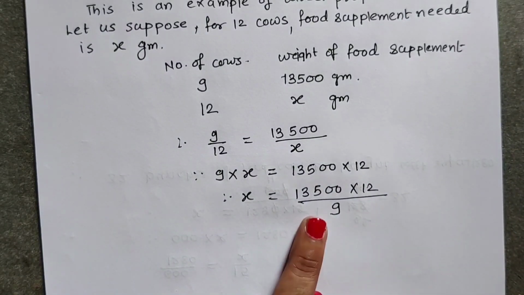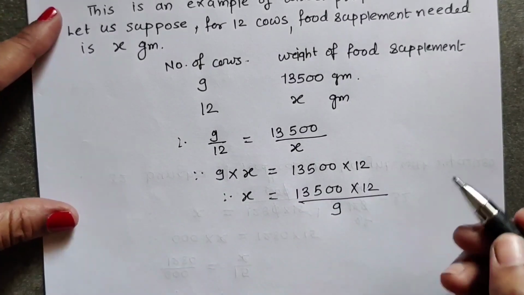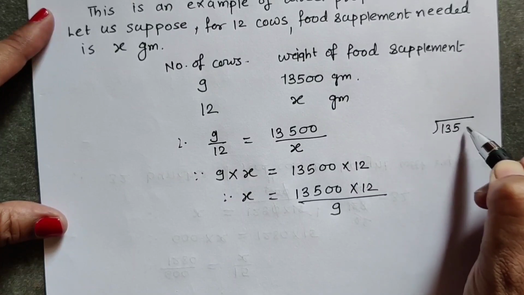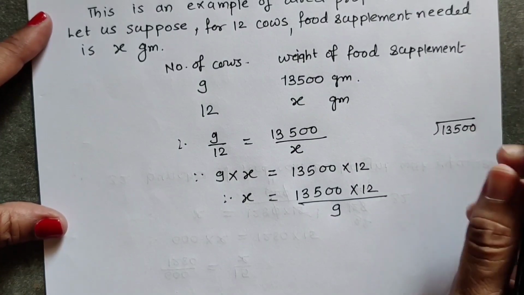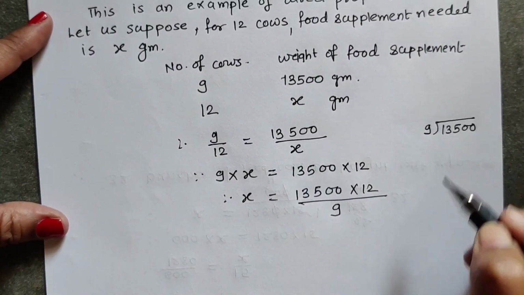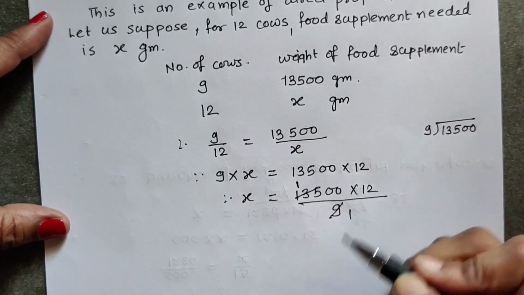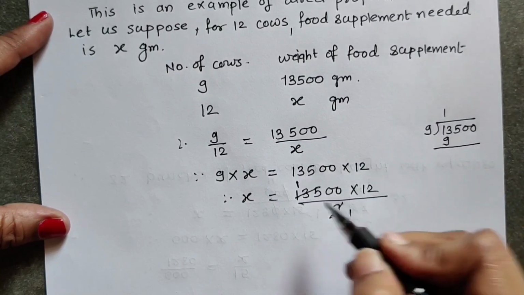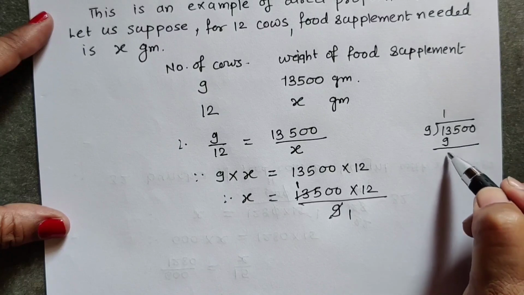Now we can cancel this 13,500 by 9. We have to divide this 13,500 by 9. If you want, you can do it by division. Otherwise, you can directly cancel it by 9. We have to do it orally. All the tables should be learned by heart properly. So you have to divide it by 9. 9 ones are 9. We have taken it. 13 minus 9, how much is remaining? It is 4.